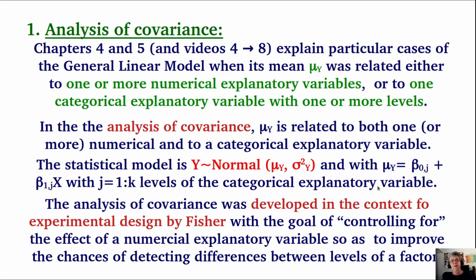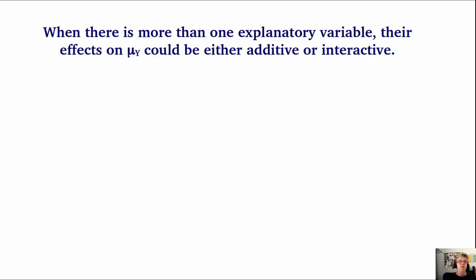The analysis of covariance was developed by Ronald Fisher, as many of these analyses, as a way of controlling for the effect of a numerical explanatory variable so as to improve the chance of detecting differences between levels of a factor, the experimental factor that was manipulated in a designed experiment.